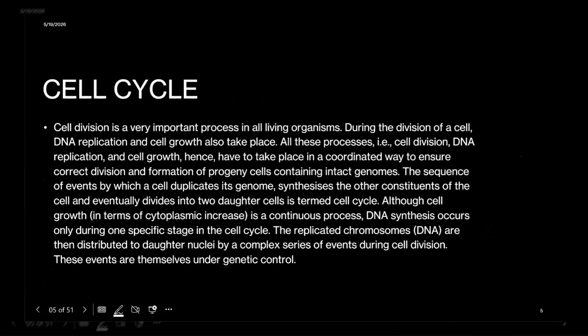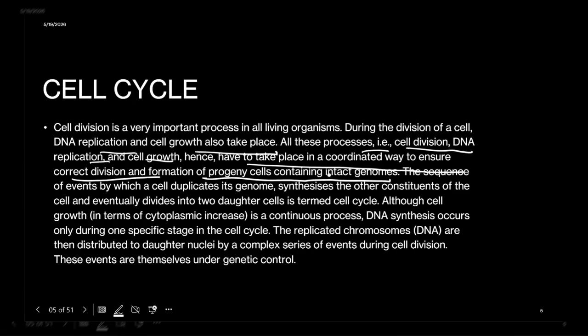Cell cycle. Let us learn a little more about cell cycle. Cell cycle is a very important process in all living organisms. During the division of the cell, DNA replication and cell growth also take place. All these processes, that is cell division, DNA replication and cell growth, have to take place in a coordinated way to ensure correct division and formation of progeny cells containing intact genomes.